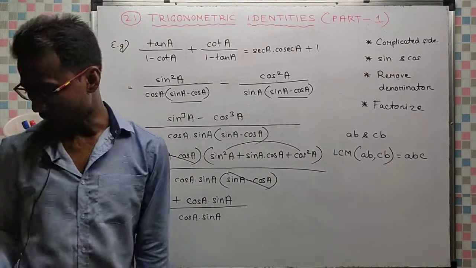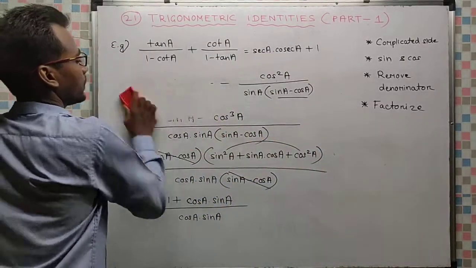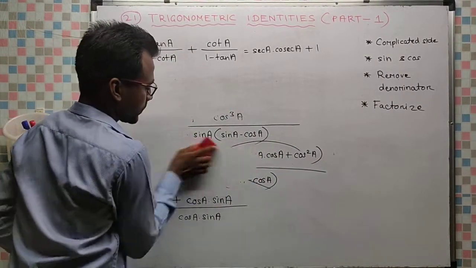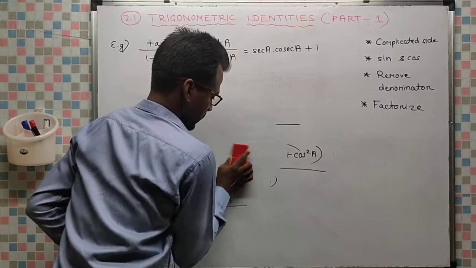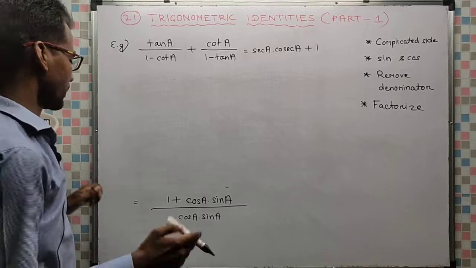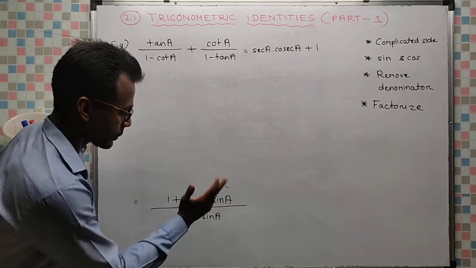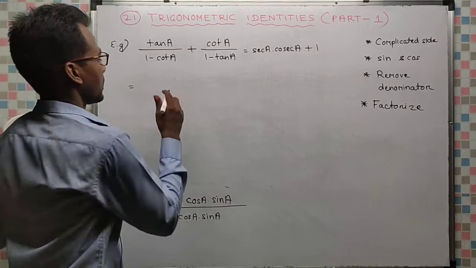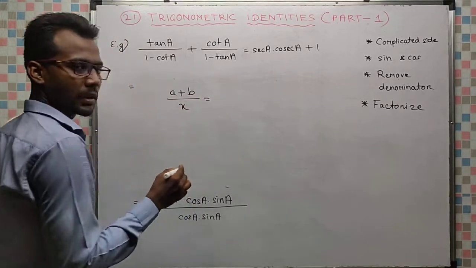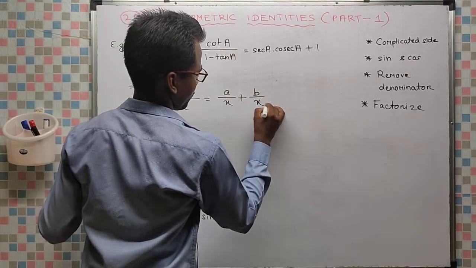Now let us divide part by part. See, it is in the form of a plus b whole by x. A plus b whole by x can be written as a by x plus b by x.